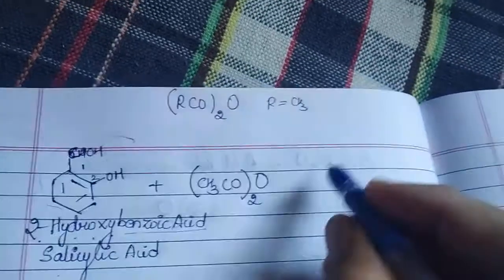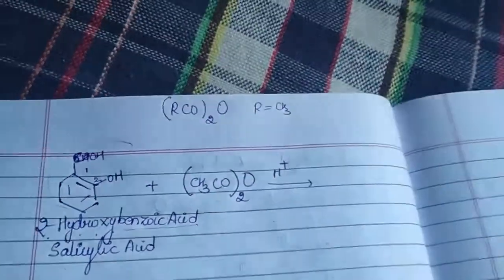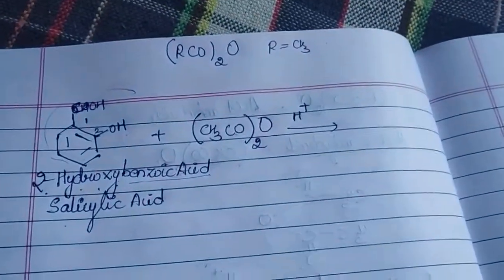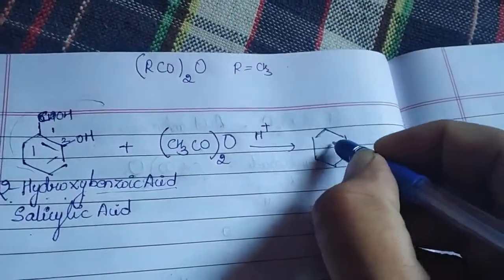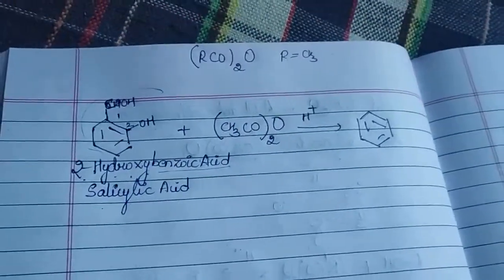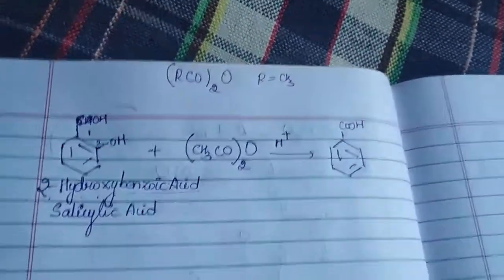Are you able to see? This takes place in the presence of a small concentration of sulfuric acid, H+. So what are you going to get? Of course, it comes under the concept of acetylation. So our acid group will be over here itself.